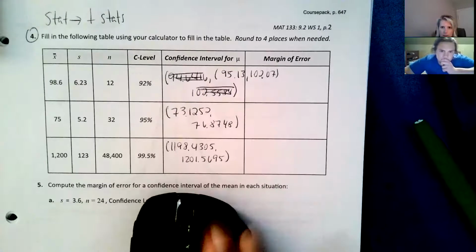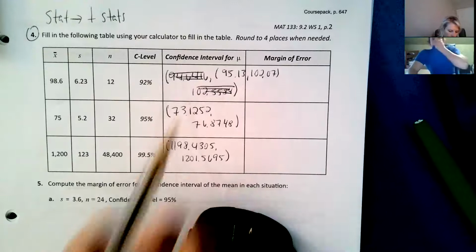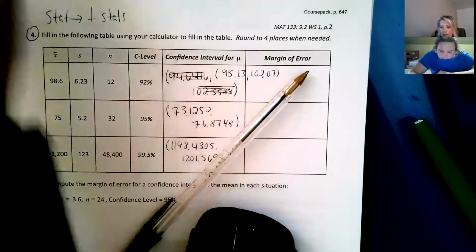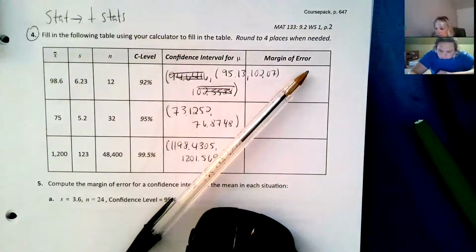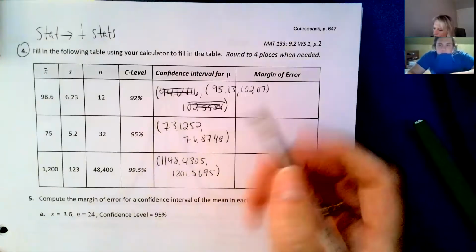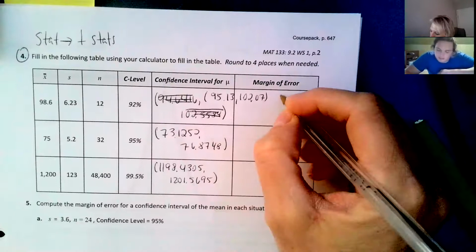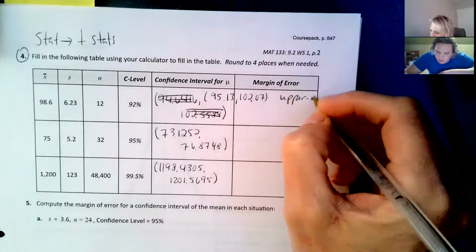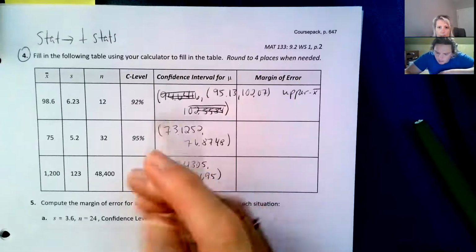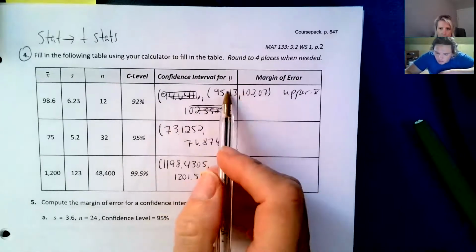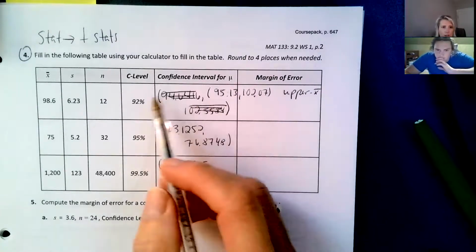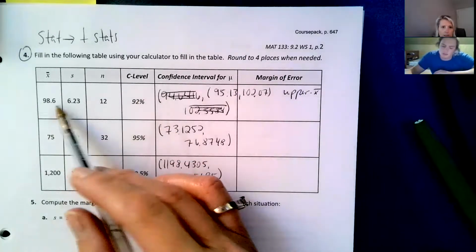So the margin of error, we looked at a couple different ways to calculate this. And you don't have to use my method, but I like to use the upper bound minus the point estimate. For us that is the mean. But there's a couple ways you could do it: the upper minus the lower divided by 2, that's the width divided by 2. Or you could do the point estimate 98.6 and subtract the lower.